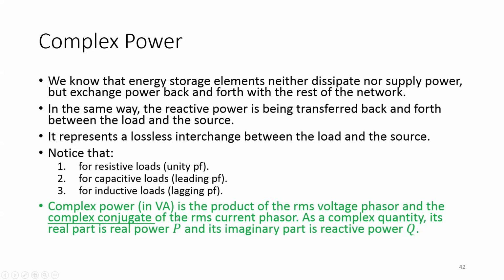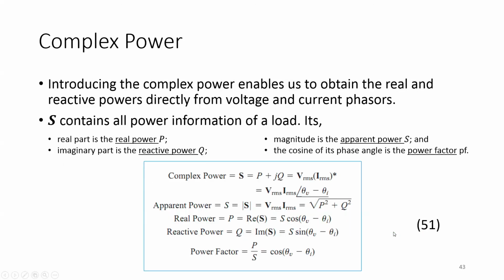The complex power in volt ampere is the product of the RMS voltage phasor and the complex conjugate of the RMS current phasor. It is a complex quantity whose real part is P and imaginary part is Q, as we have already seen. So as a summary, we can say that the complex power contains all the terminologies.